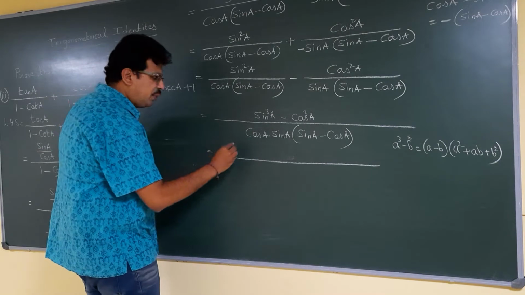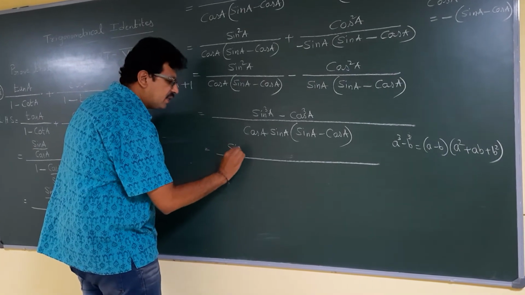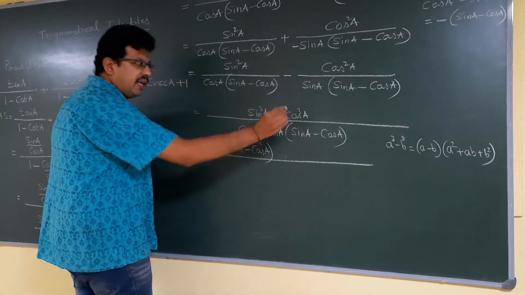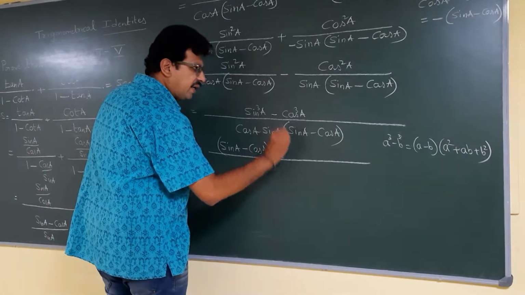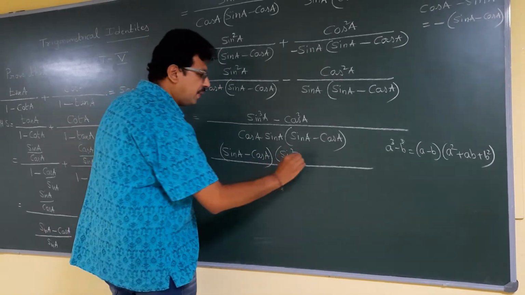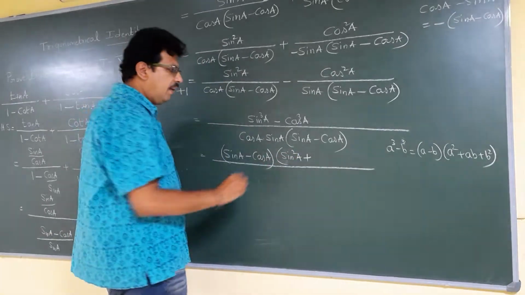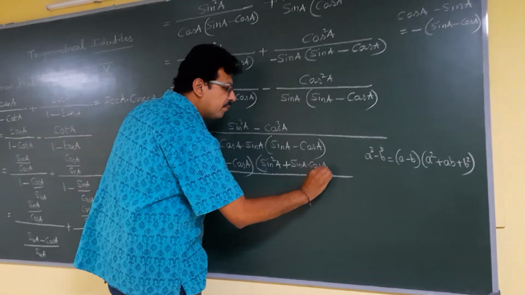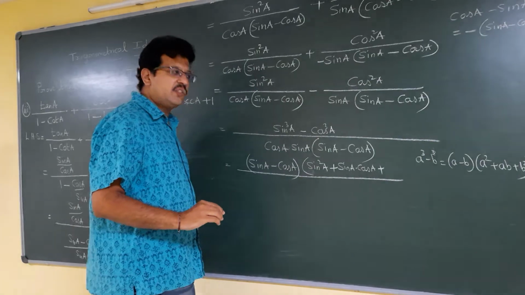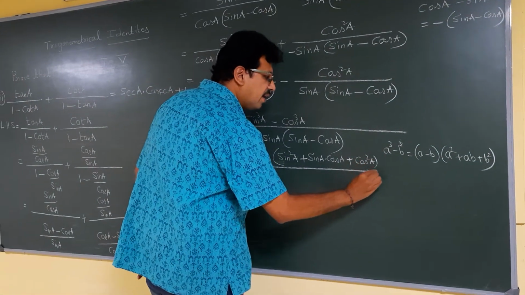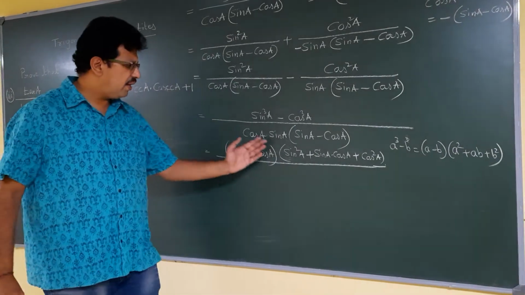It is a minus b, and a minus b means sin A minus cos A. A square means sin square A, plus ab means sin A into cos A, plus b square means cos square A. You have to be very careful while writing this.